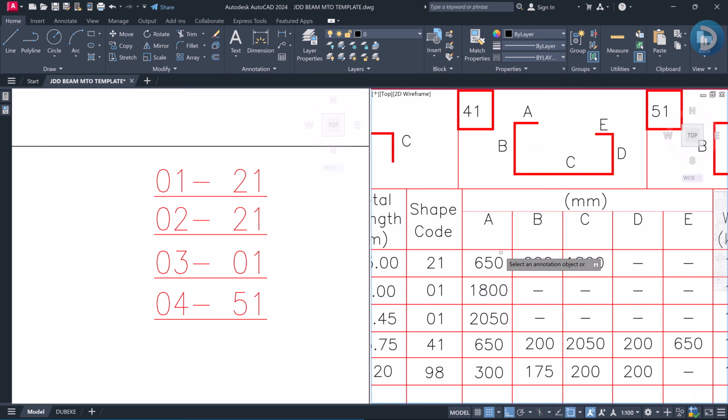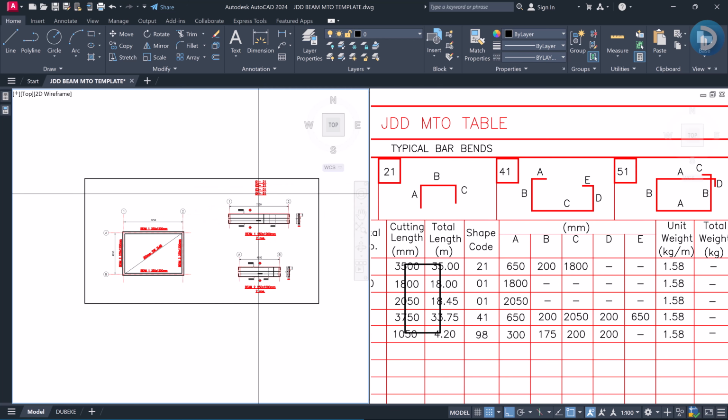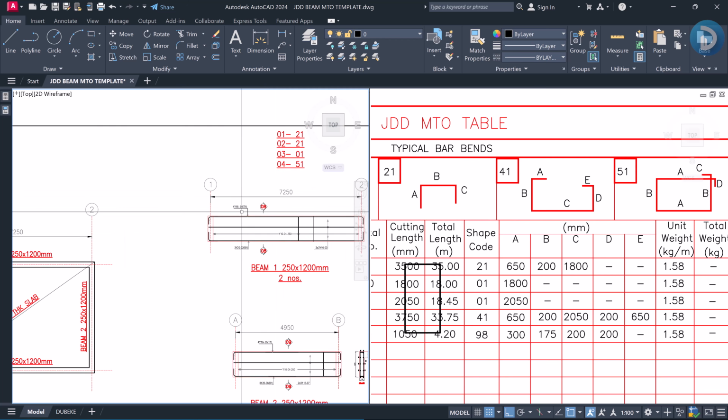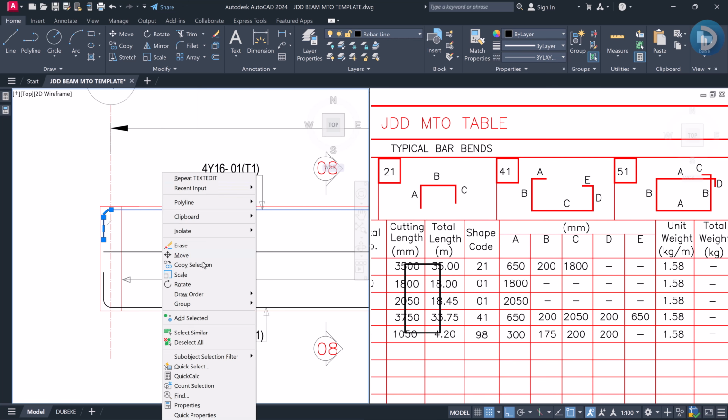So our side A, as you can see here, is denoted by this bend here. Our side C is also denoted by this bend, while this side B is the longer part of the reinforcement. So in order to get the right length of this reinforcement, let's copy this downward again.